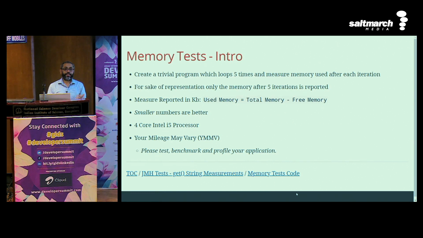So I decided that I need to create the most trivial program ever, and figure out a way in which I can check how much memory is essentially used. Basically, what I did was I took 3 data structures, our favorite ones, list, set, map, populated them with some size, and then looped it 5 times, and checked the memory for every single iteration.